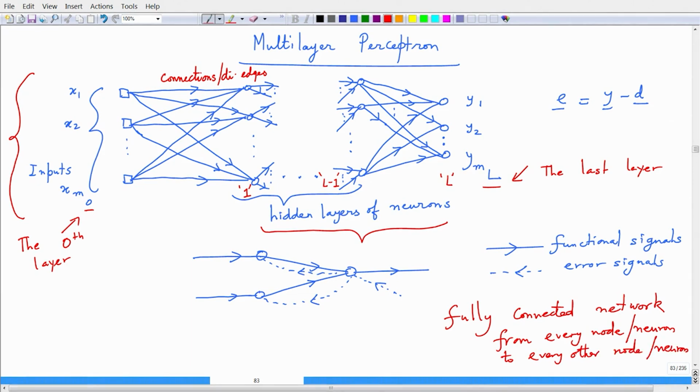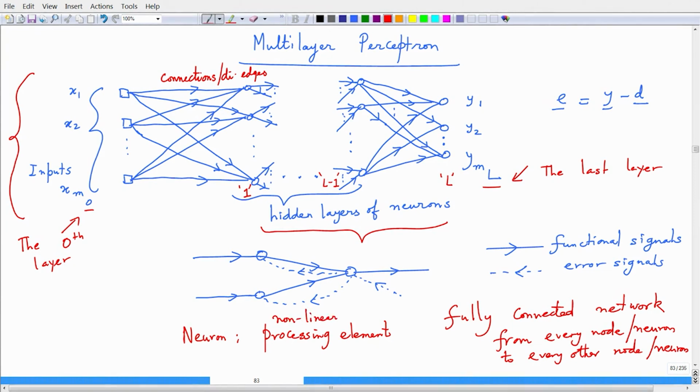In the neural information processing nomenclature, neurons are even referred to as processing elements. This is another small detail. A neuron is also referred to as a processing element, and in this case it is a nonlinear processing element.